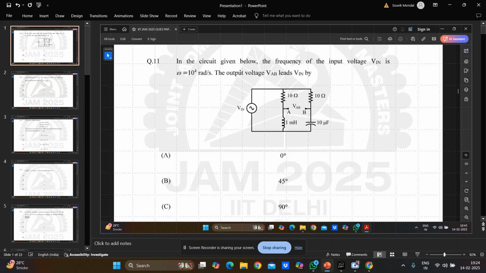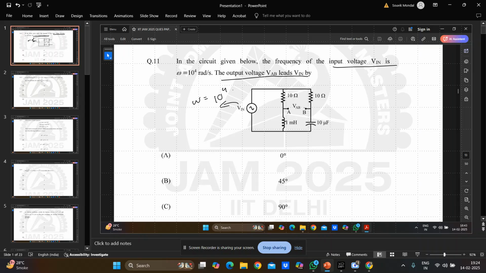Okay. So first question, in the circuit given below, the frequency of the input VIN, that is omega, is 10 to the power 4. So the output voltage VAB leads VIN by what amount? So you have to calculate the phase of VAB with VIN. Okay. So they are parallel.